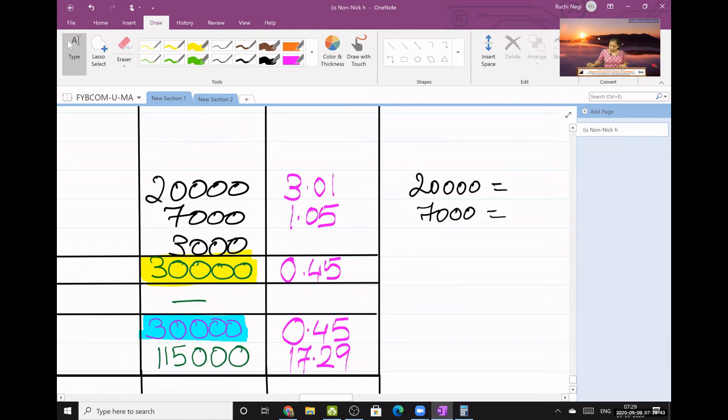Next 3,000. Type 3,000 plus equal to. What's my answer? 0.45. Next is 30,000 plus equal to. This is 4.51.